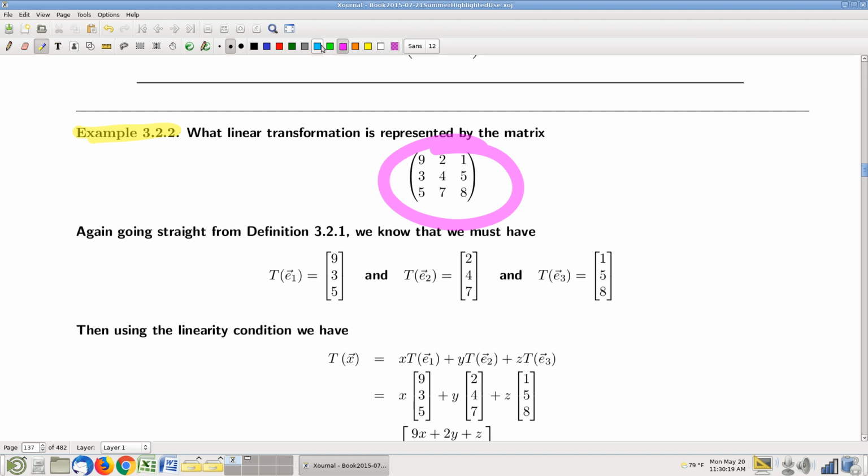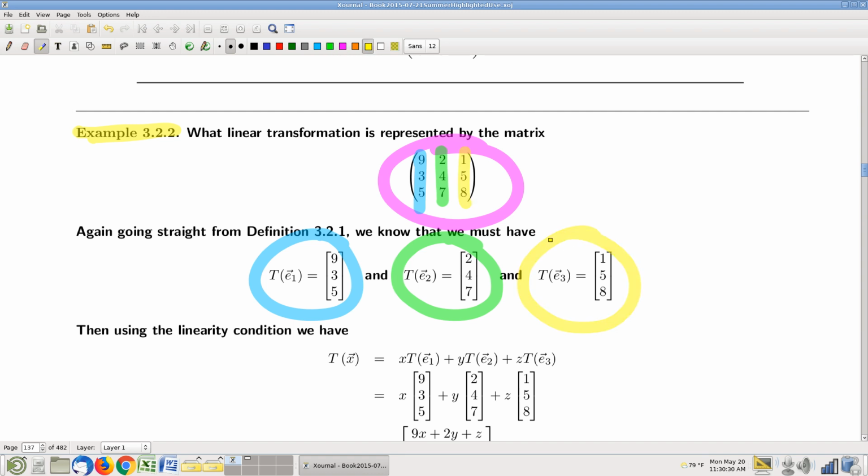Okay, well, that being a matrix, I know that the columns are the images of the standard basis vectors. So I can just read straight off of there T of E1, T of E2, T of E3. And I further know that if I know T of E1 and T of E2 and T of E3, then linearity allows me to understand the linear transformation.